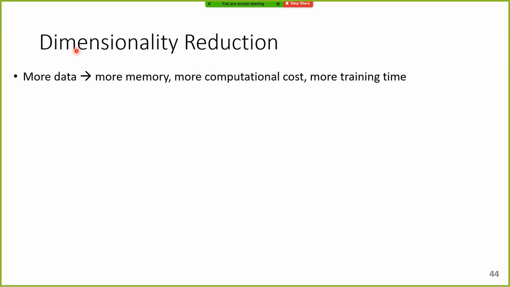One more reason we perform dimensionality reduction is that the more data we have, the more memory it consumes, the more computational cost it has, and the more training time is needed. Again, there might be cases when we have redundant features. For example, we ask some students to measure the radius, diameter, and mass of some spheres, and we want to establish a relation between these features and the mass of the sphere.